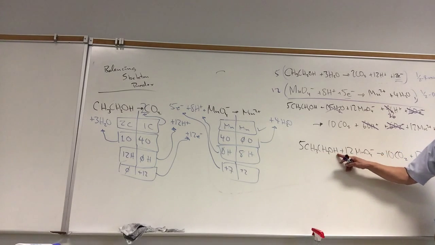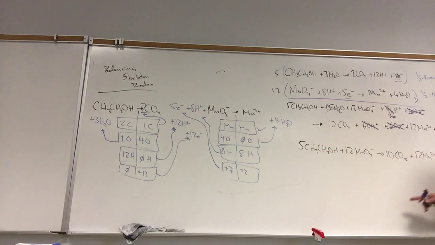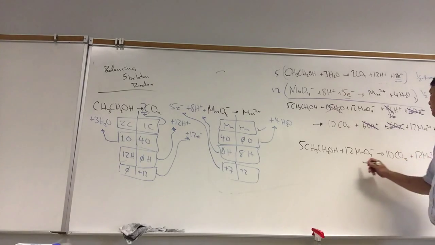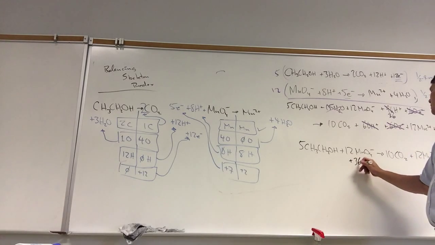I got 30 and 66, so I made a mistake somewhere. It's not balancing, and I've got to figure out where my mistake is. Yeah, okay, I forgot this 36 H plus here. That's it. And so let's see if this balances now.